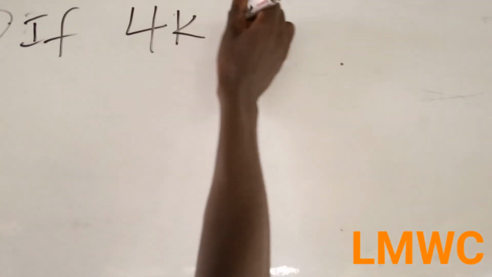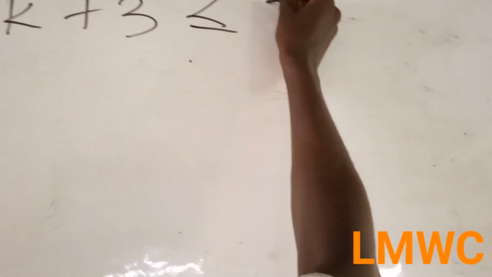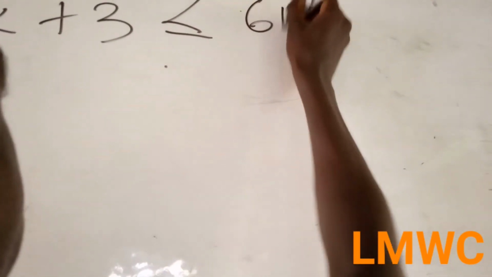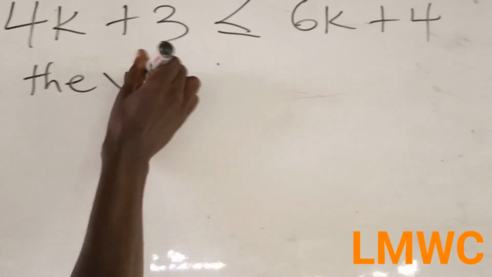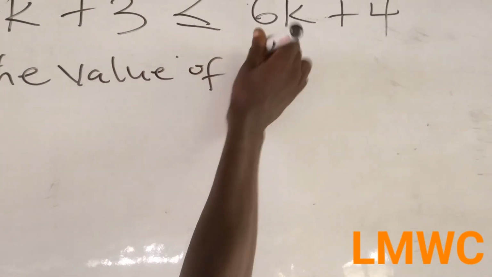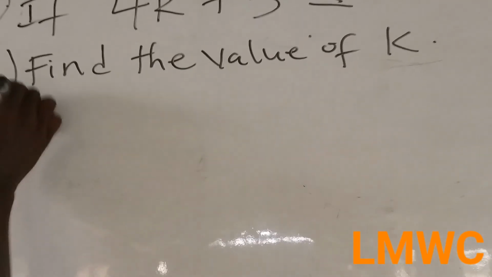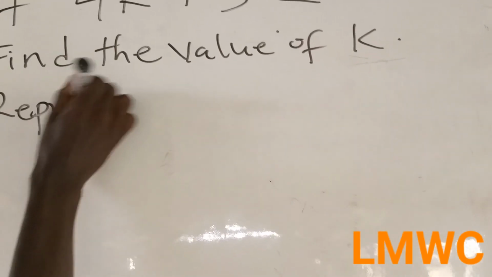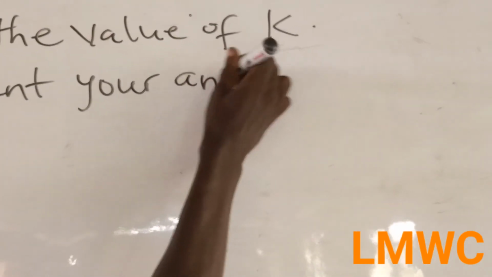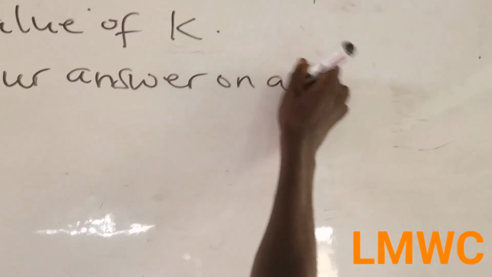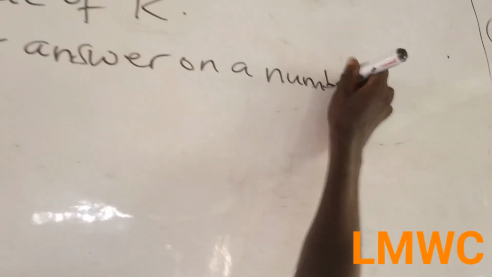If 4k plus 3 is less than or equal to 6k plus 4, find the value of k. Represent your answer on a number line.